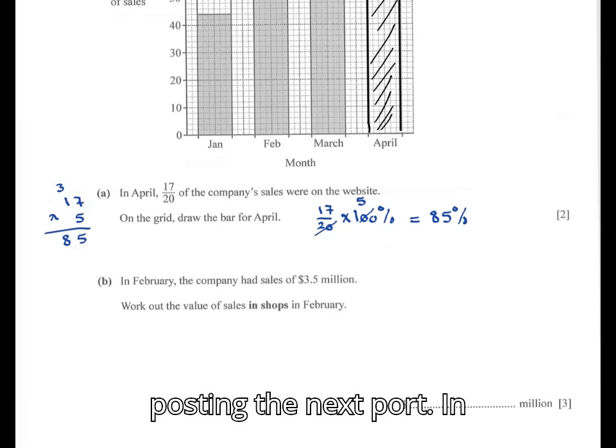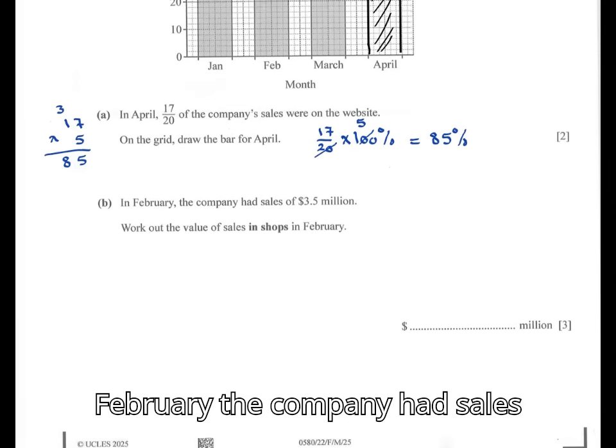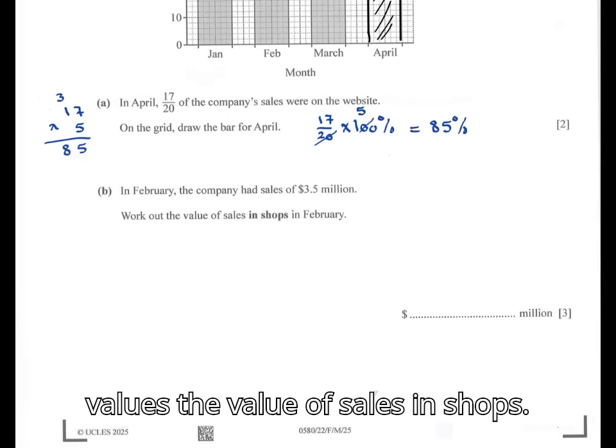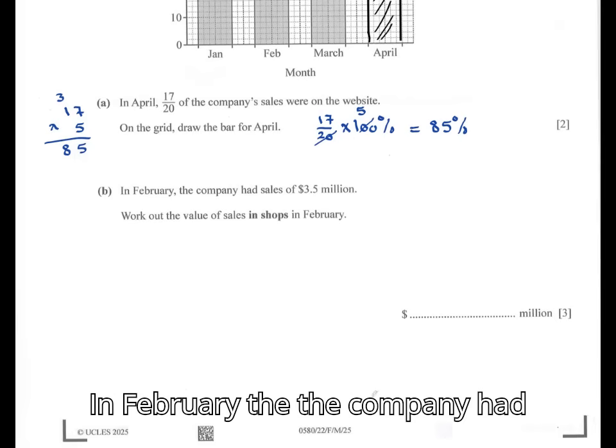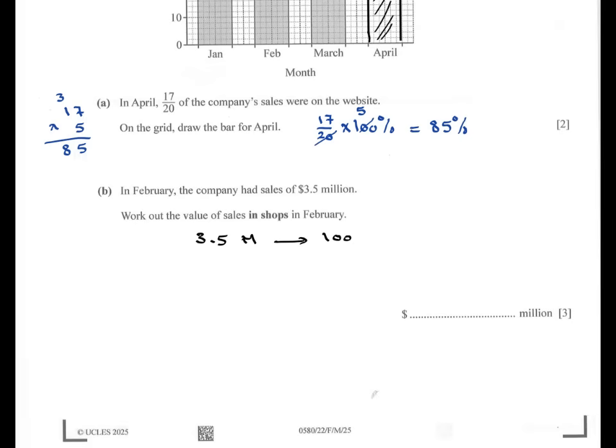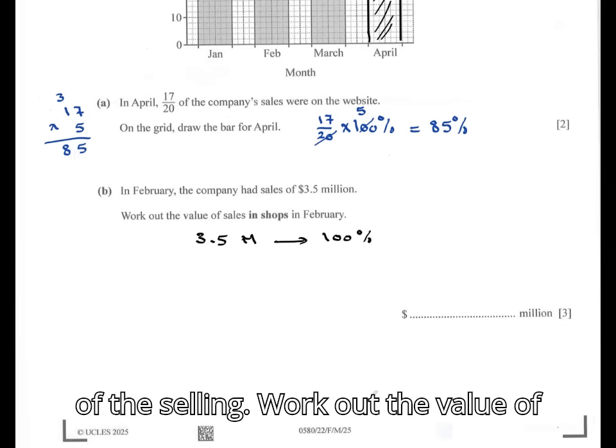The next part. In February, the company had sales 3.5 million. Work out the value of sales in shops in February. The 3.5 million represents 100% of the selling.